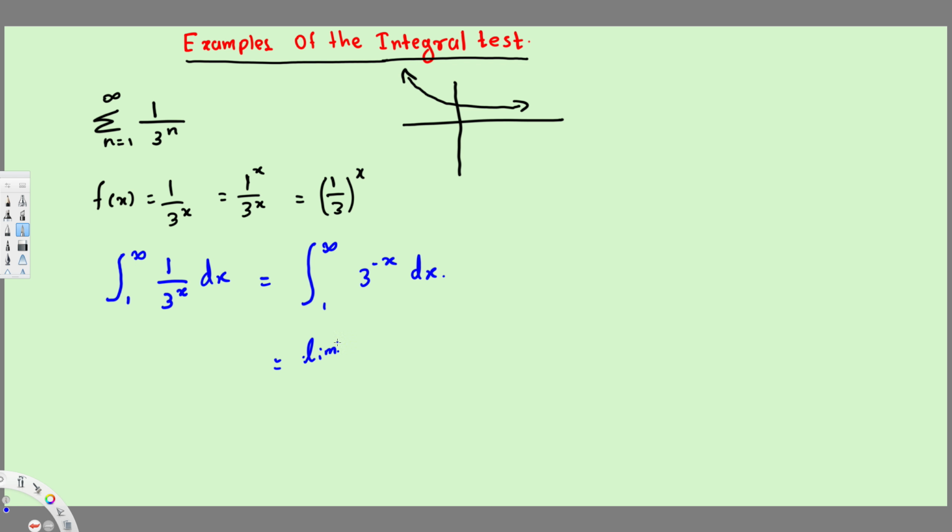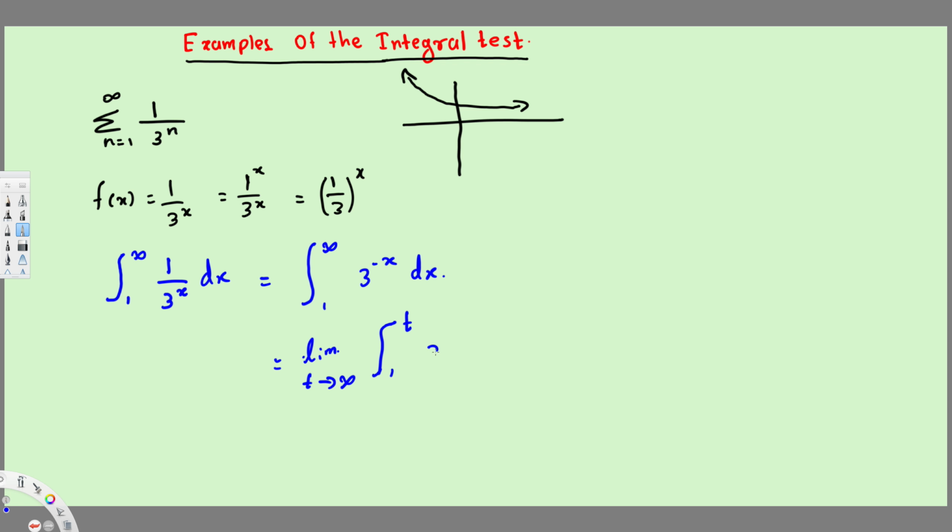So here what we are doing, before we do the integration, we have to write it in terms of a limit, right? Because we have to replace this infinity with t. So let's say limit t approaches infinity, because it's an improper integral. So here we are going to write 1 to t. Instead of infinity, I put 1 to t.